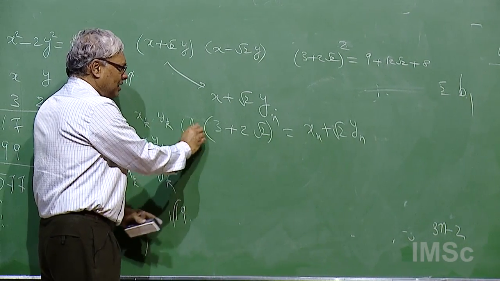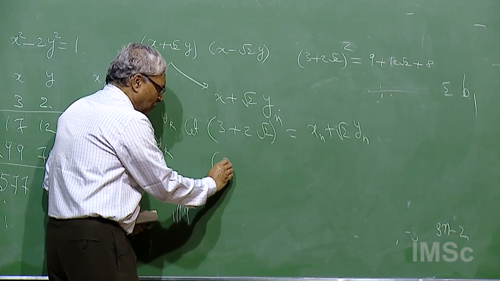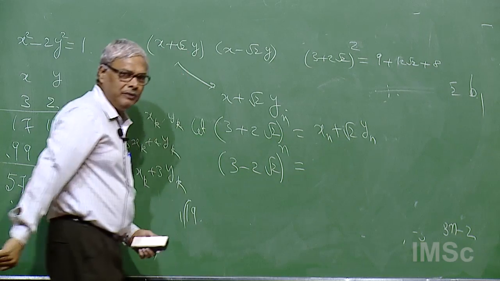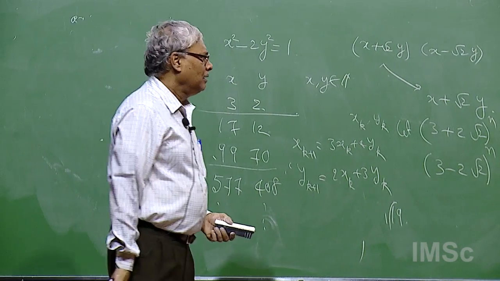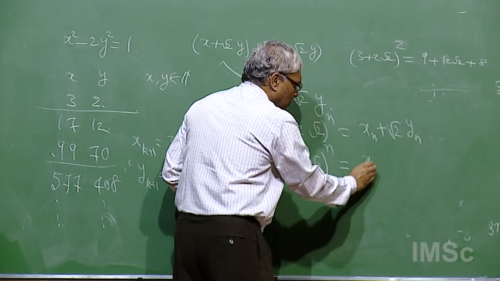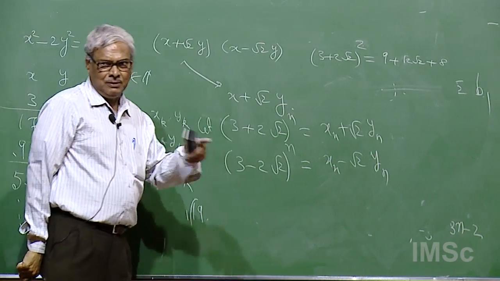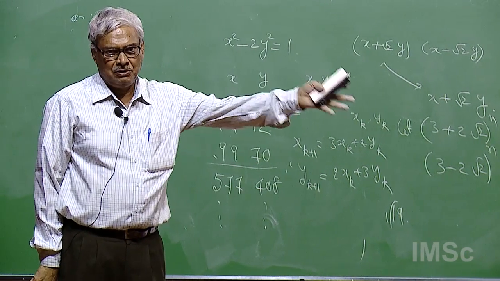Okay. So 3 plus 2 root 2. Let us suppose that the nth power of this is xn plus root 2 yn. What can we say about the nth power of 3 minus 2 root 2? It is xn minus root 2 yn, precisely, because only alternate terms, which contain root 2, will get the negative sign.